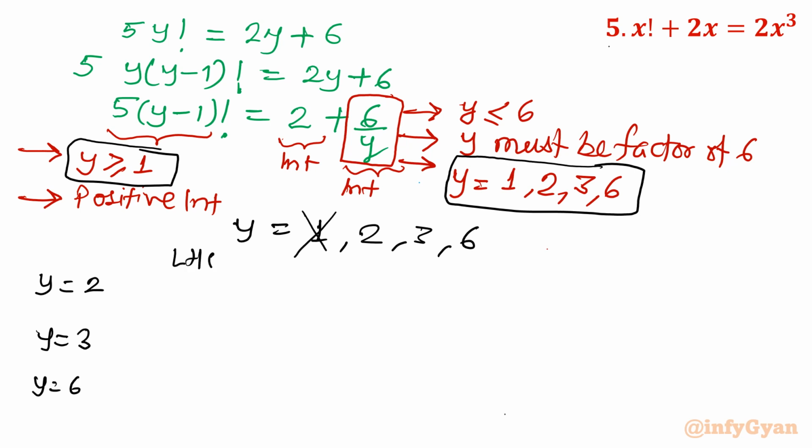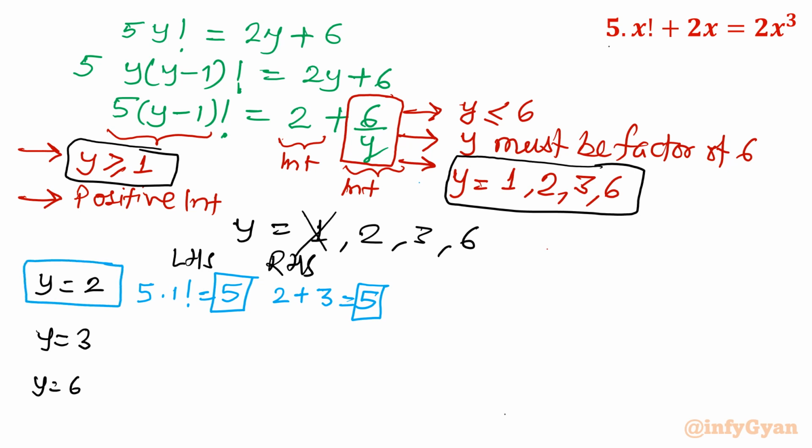LHS, RHS. Okay, let's find out the values. y equal to 2: 5 times (2 minus 1) factorial, 1 factorial, so LHS would be 5. RHS, the right hand side: 2 plus 6 over 2, which is 3, equals 5. RHS is 5, LHS is 5. That means y equal to 2 is verified.